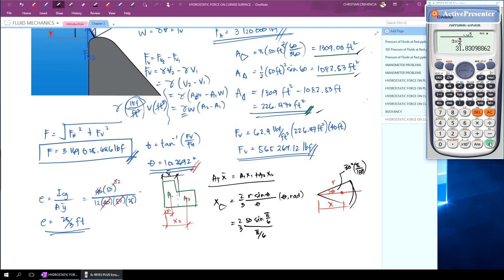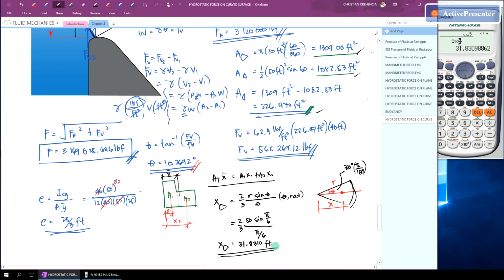So we have the distance x of the sector is 31.83098. I'll use 6 significant figures, so 31.8310. That's in feet.